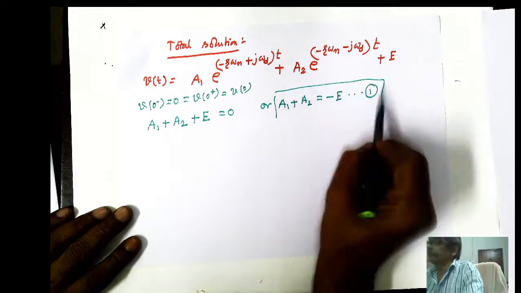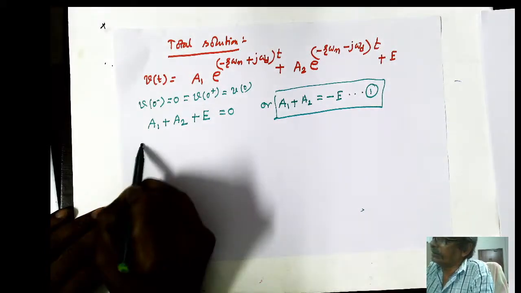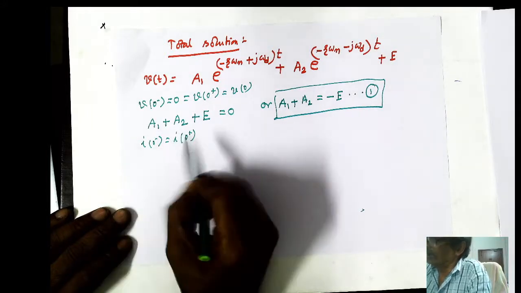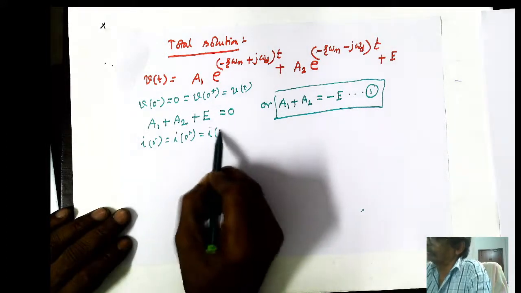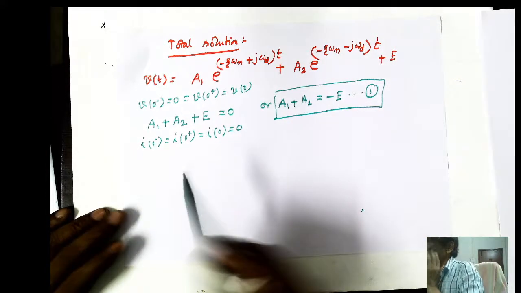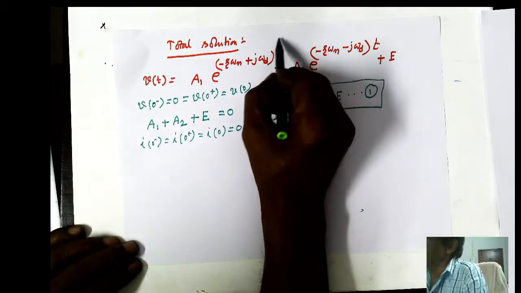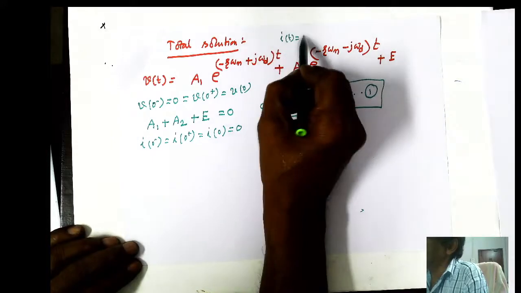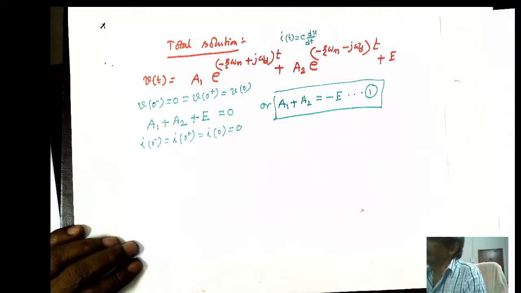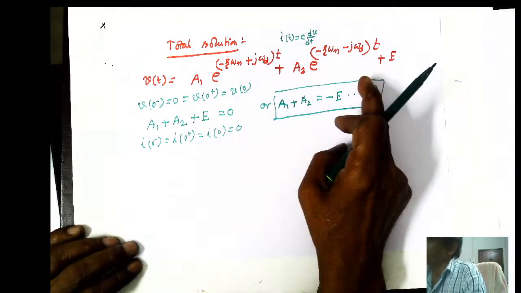Very simple equation. Second equation is I0 minus is equal to I0 plus is equal to I0 itself, which is equal to 0. But what is I0? I recall I(t) is nothing but C dV/dt. Once you know V(t), you know I. Simply differentiate this with respect to time and put t equal to 0.